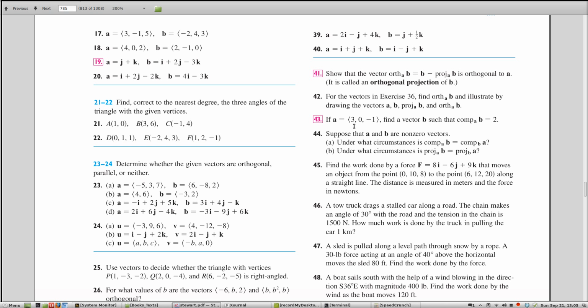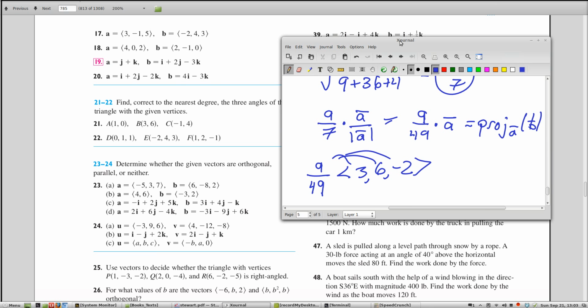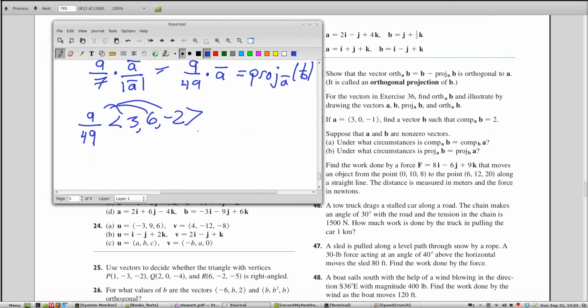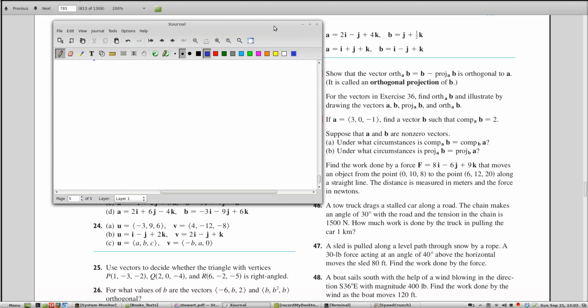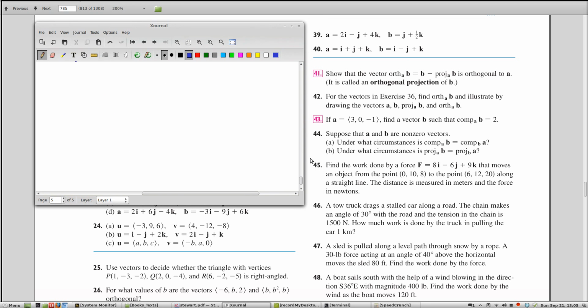Number 43 looks like could be interesting. So it says if A is this vector, find a vector B such that it projects onto A and has a shadow of length 2. It's basically asking for a vector B that makes a shadow of length 2 when you project it onto A. So let's take a look at number 43.